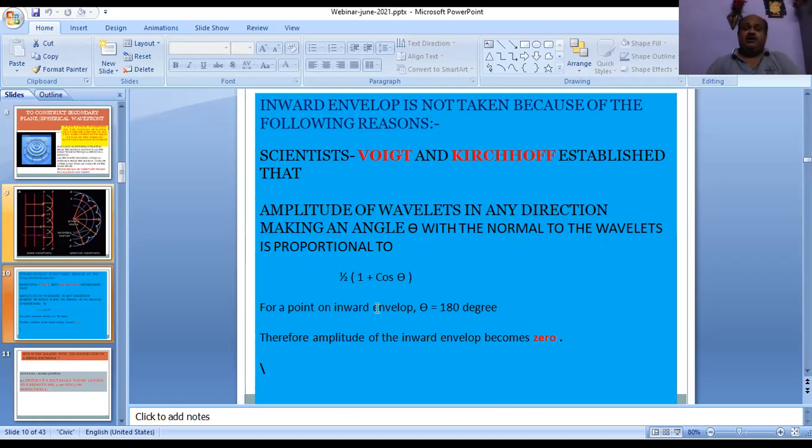So for a point on the inward envelope, theta is 180 degrees and cos 180 degrees is minus 1. So 1 minus 1 equals 0. Therefore, the amplitude of the inward envelope becomes 0. This inward envelope is formed, but due to zero amplitude, it is not shown in the diagram.